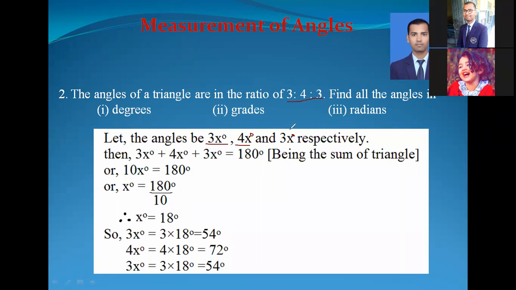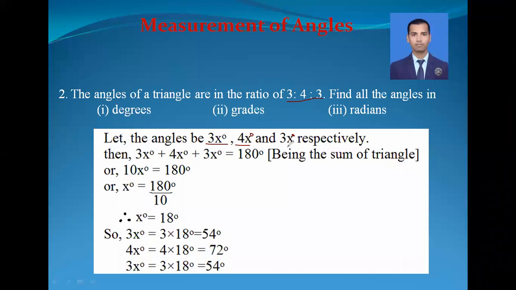That's why we let the angles be multiples of x to make a term. We suppose 3x, 4x, and 3x respectively as the angles of a triangle, because a triangle has only 3 angles. So then 3x plus 4x plus 3x.